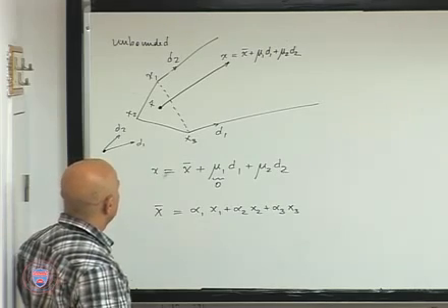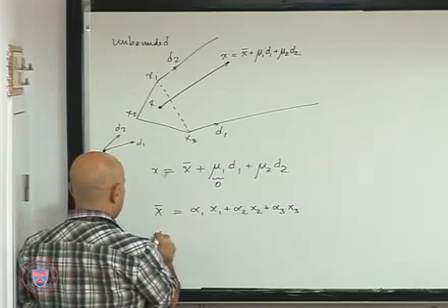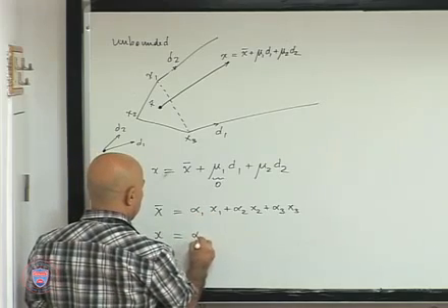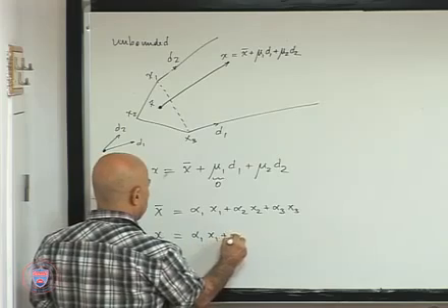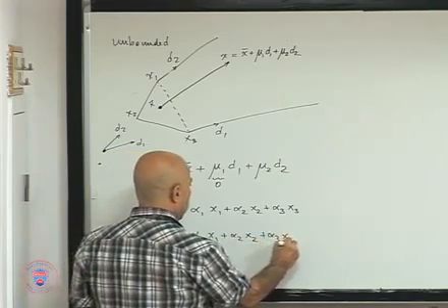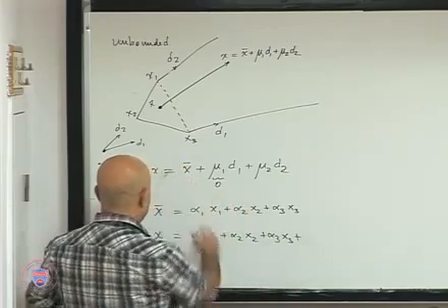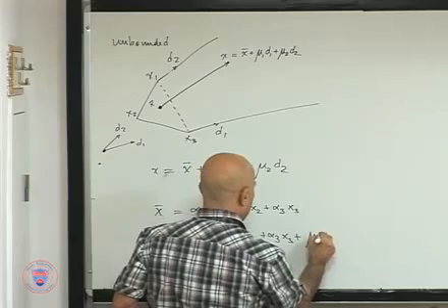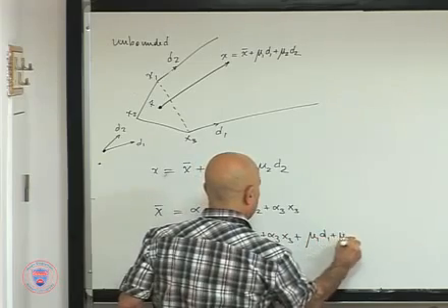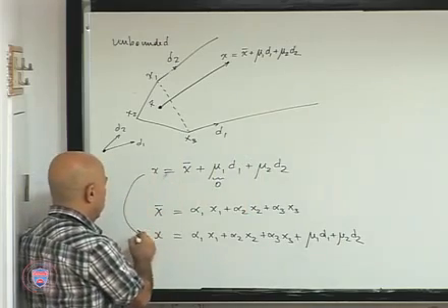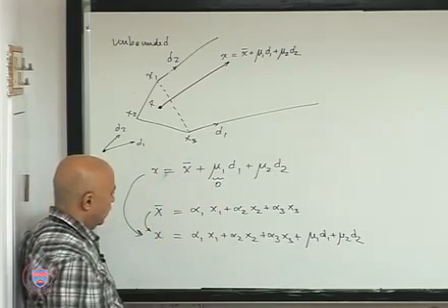Then, of course, X equals X bar, which is alpha 1 X1 plus alpha 2 X2 plus alpha 3 X3, plus mu1 D1 plus mu2 D2. I'm using this here, okay, and that.